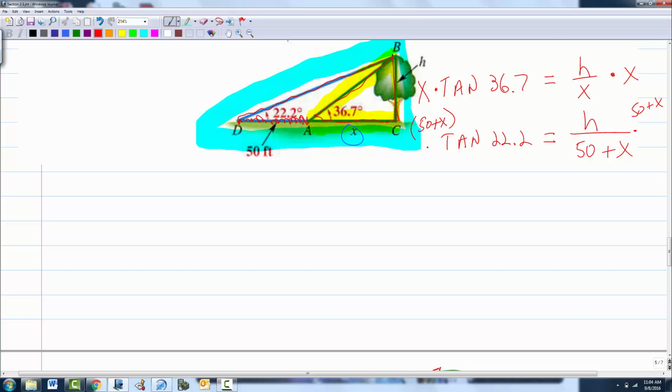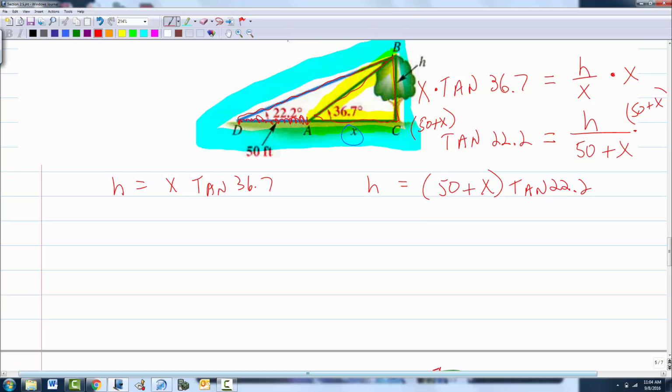So what I want you to identify is h equals x tan 36.7. Get your calculators ready. H equals (50 plus x) tan 22.2. Make sure I didn't make a mistake.